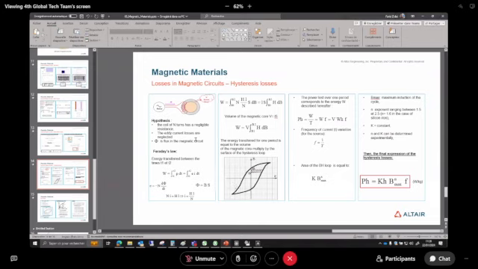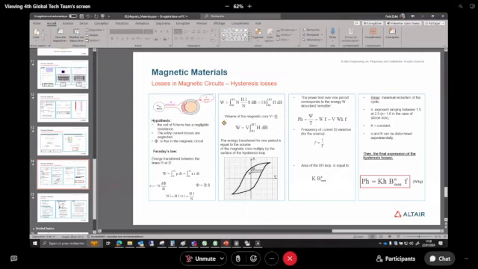And actually, if we develop Faraday's law, dphi by dt, where phi is the flux density B multiplied by the section, we can build the equivalent magnetic circuit, and then we can compute the magnetic flux and so on.